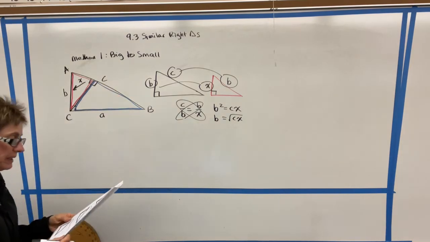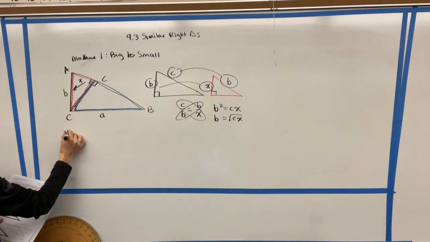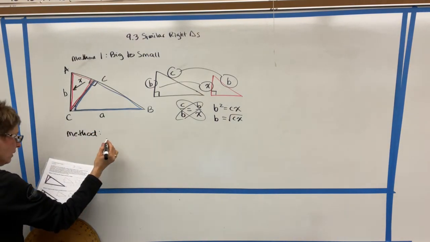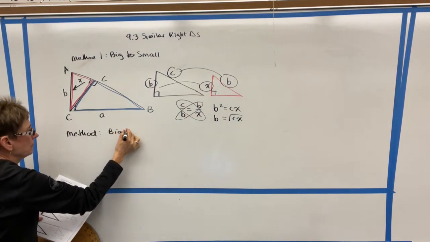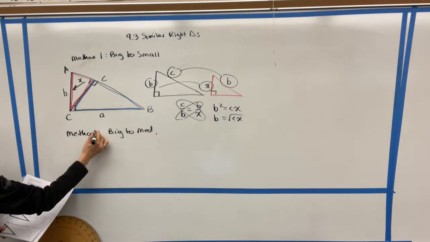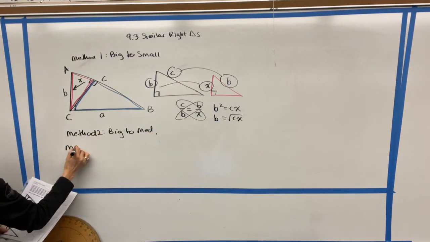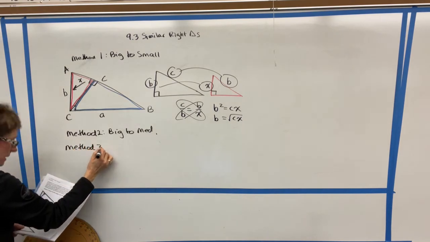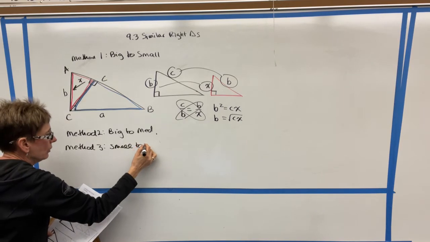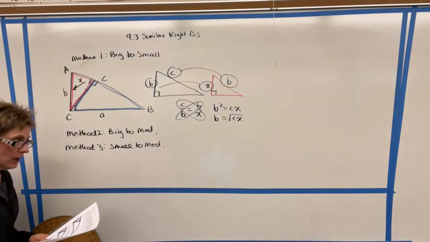Method one would be big to small. We can also do big to medium, and for method three, small to medium. So we can really compare any two of the three triangles.